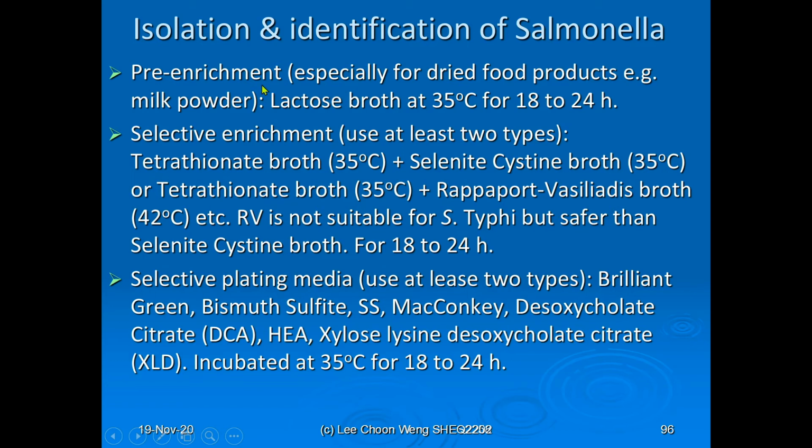So for dried food products, to isolate and identify Salmonella, there's a pre-enrichment step, lactose broth at 35 degrees Celsius for 18 to 24 hours. There is also a selective enrichment step, usually tetrathionate broth plus selenite cysteine broth, or tetrathionate broth plus Rappaport Vassiliadis broth.